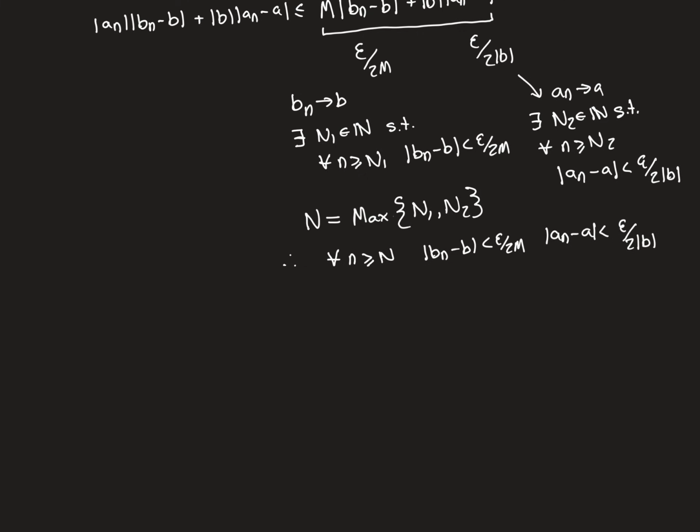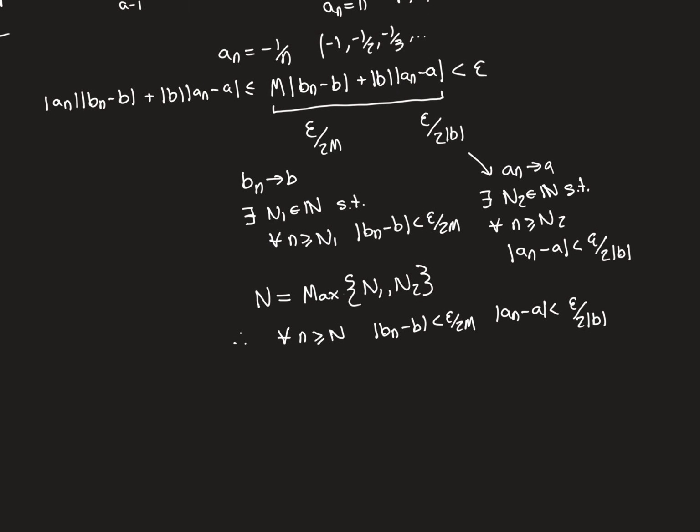So we now just have one final bit of manipulation to get the inequality we want. So we'll start by multiplying both sides of this inequality by m, and we'll then have that m mod bn minus b is less than epsilon over 2.